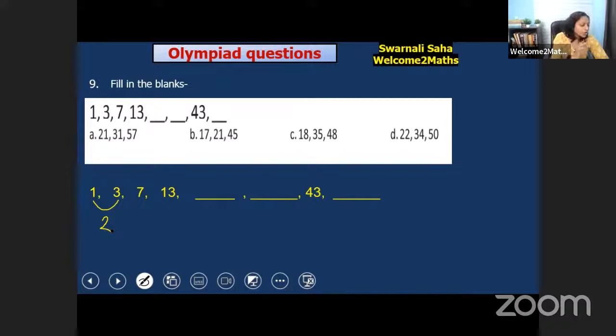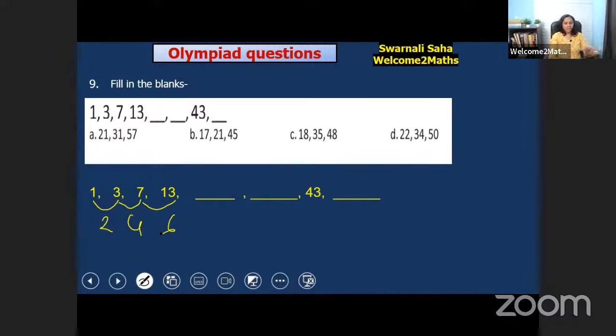You could get your answer in the differences. The difference between 1 and 3 is 2, between 3 and 7 it's 4, and between 7 and 13 it's 6.